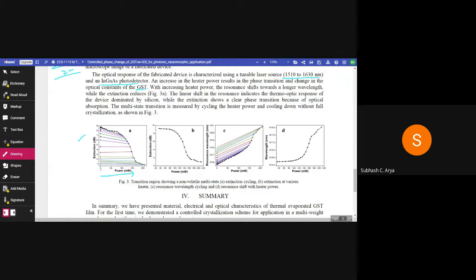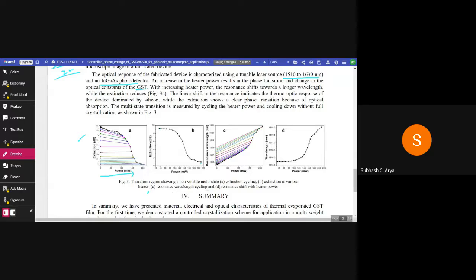What are these different colors? Transition region showing a non-volatile multi-stage extinction cycle, extinction at various heater powers. This is the cycle and this is the heater, 40 to 200.